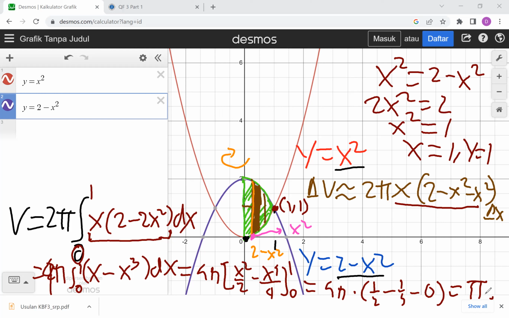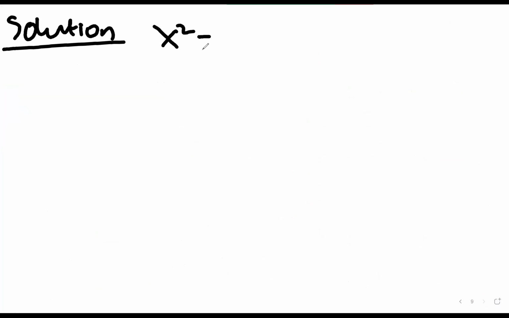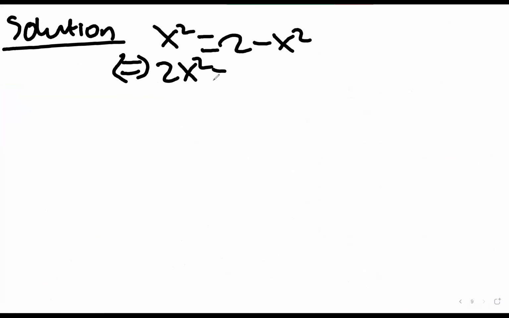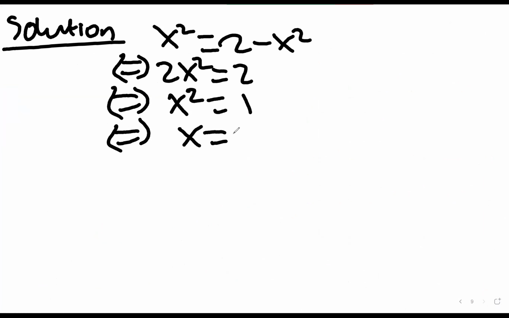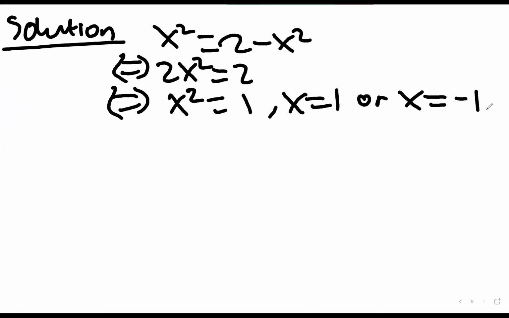Okay. I will repeat the calculation on the whiteboard. So here, first, we have to find the intersection. So x squared equals 2 minus x squared, which is equivalent to 2x squared equals 2, so x squared equals 1. So here x equals 1 or x equals minus 1.